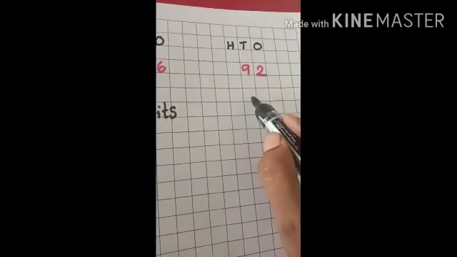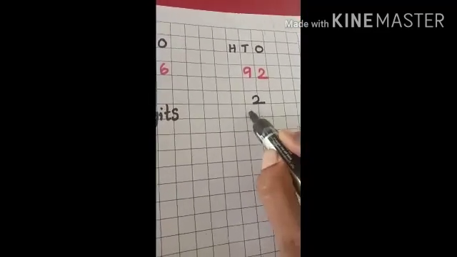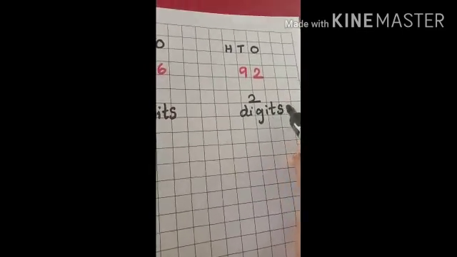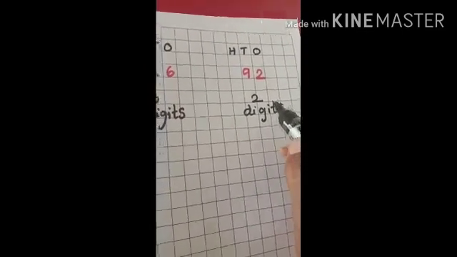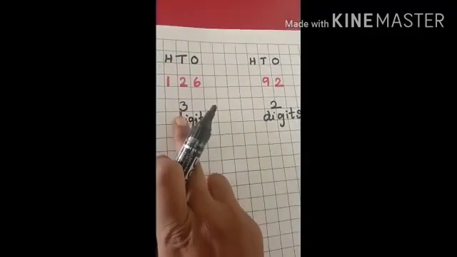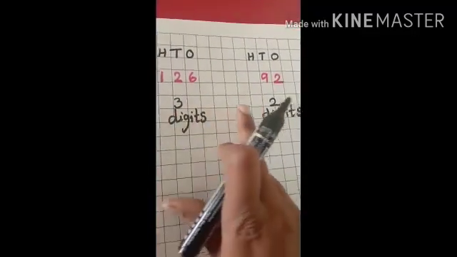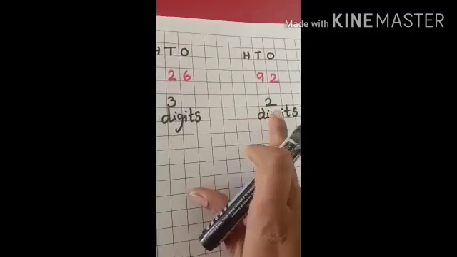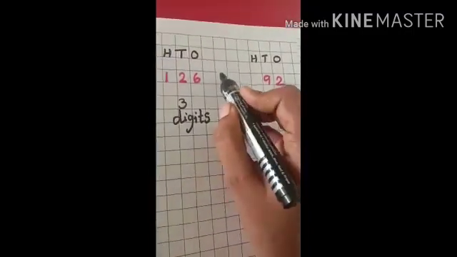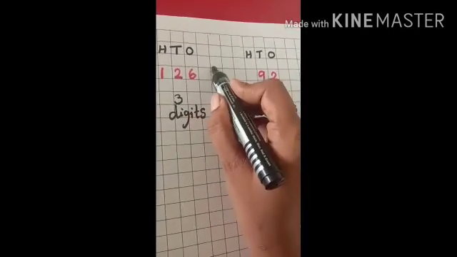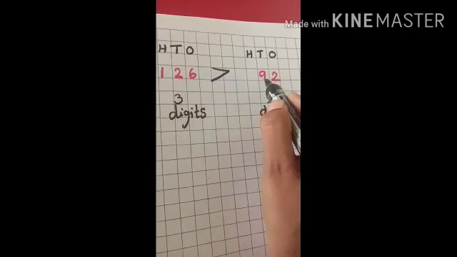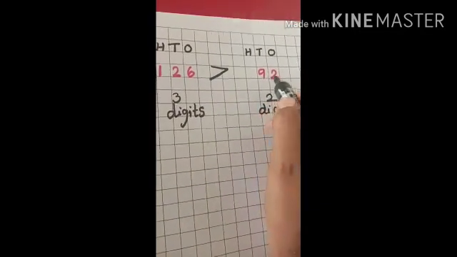There we got only 2 digits. Yes. So it is easy to compare. 3 digit is greater or 2 digit is greater? Yes. Which is greater? Yes, 3 digit is greater. So 126 is greater than 92.